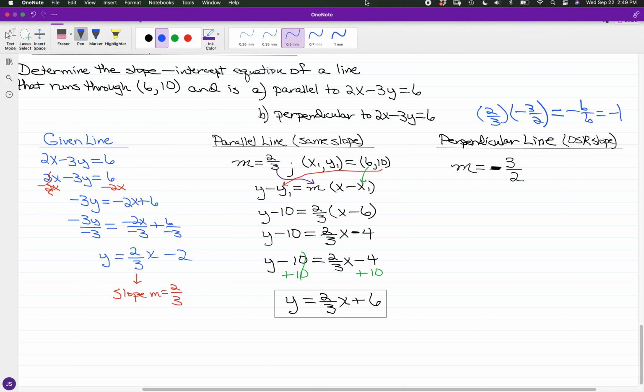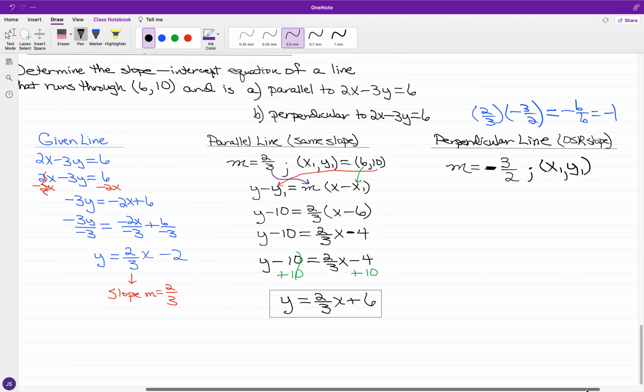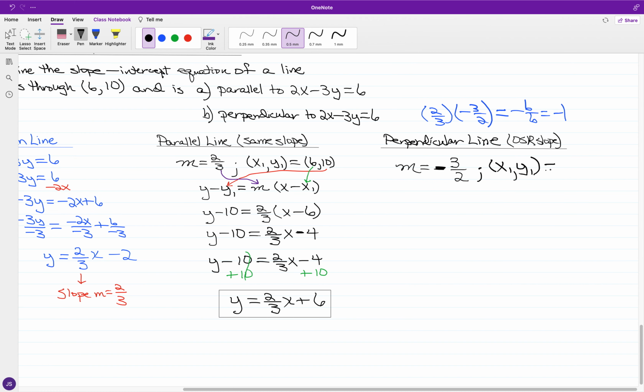And so 2/3 times negative 3/2 is equal to negative 1. So that is the slope, and we're still working with the same point. You have the same x1, y1 that was used for the parallel line setup.